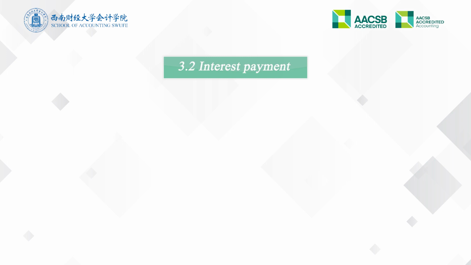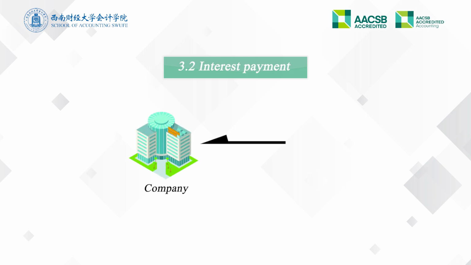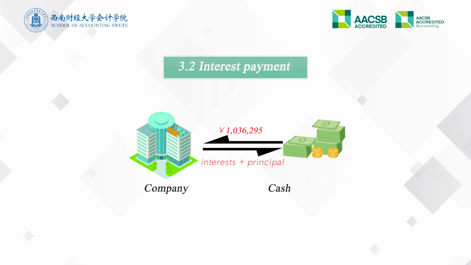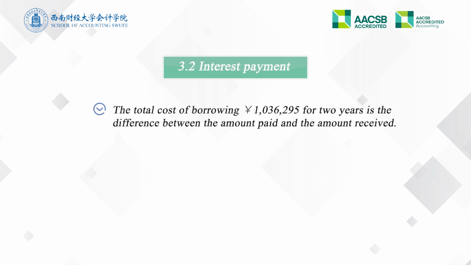Interest payment. The company receives 1,036,295 yuan for its bonds. In return, it pays bondholders interest semi-annually and principal after 2 years. The cost of borrowing 1,036,295 for 2 years is the difference between the amount paid and the amount received.